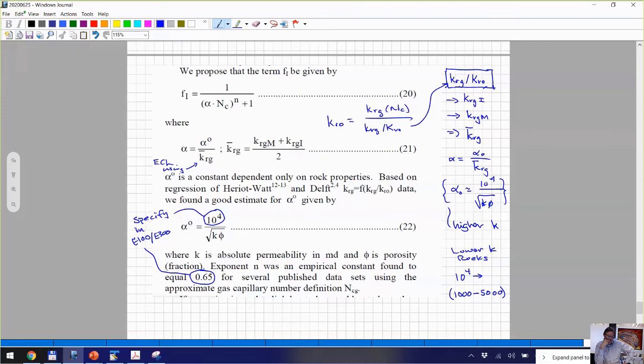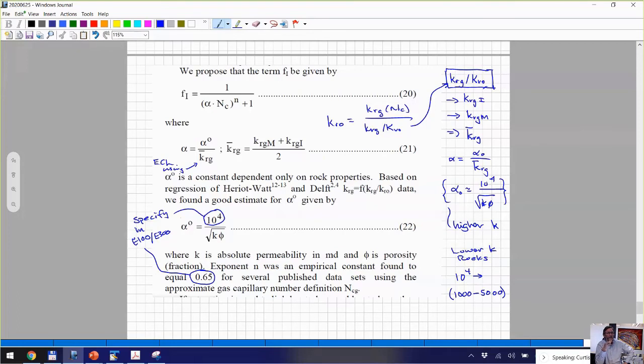No, it's not the same transition function for the KRO. It's a standard transition function from the Harriet-Watt model, where you also have the normalized capillary number and two parameters which you have to determine by experiments, just leaving out the endpoint change, which would be the third parameter.